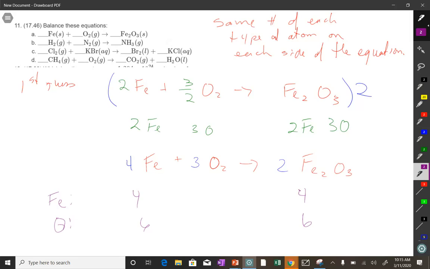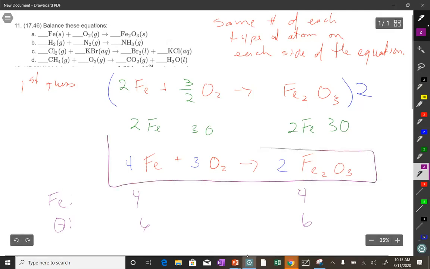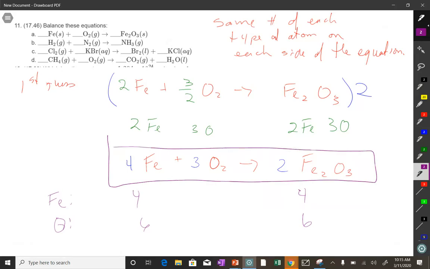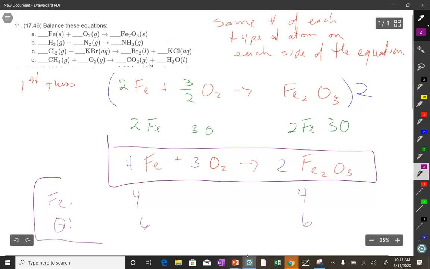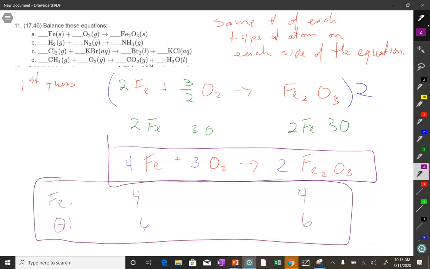So that's the method to go through to get to your balanced equation. Now, sometimes you can do it by inspection, but if you do it by inspection, still make sure you show that you've tabulated so it's balanced.